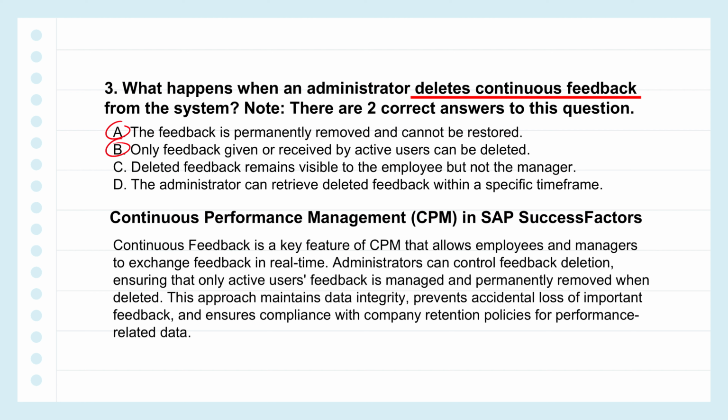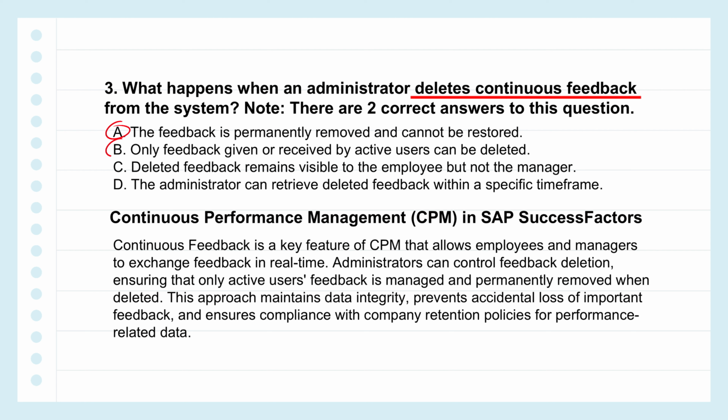That's a big deal. What are the implications of this, especially in a real-world setting? Imagine a situation where feedback is deleted, and then later it's needed for legal reasons, or to address a performance issue, or consider the impact on an employee if their positive feedback is accidentally deleted. It highlights the need for clear policies and procedures around feedback deletion.